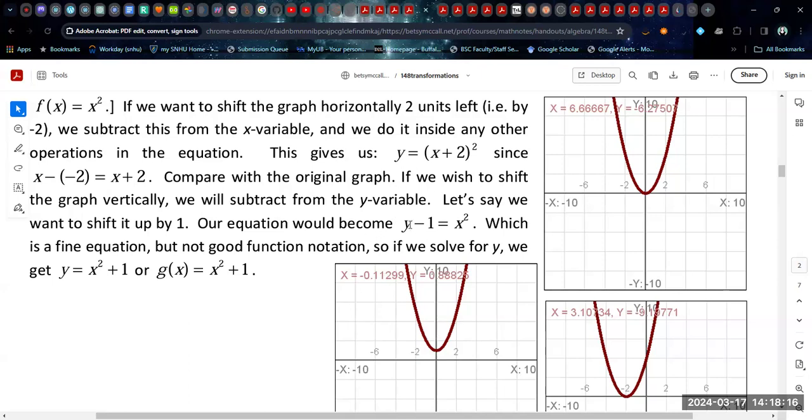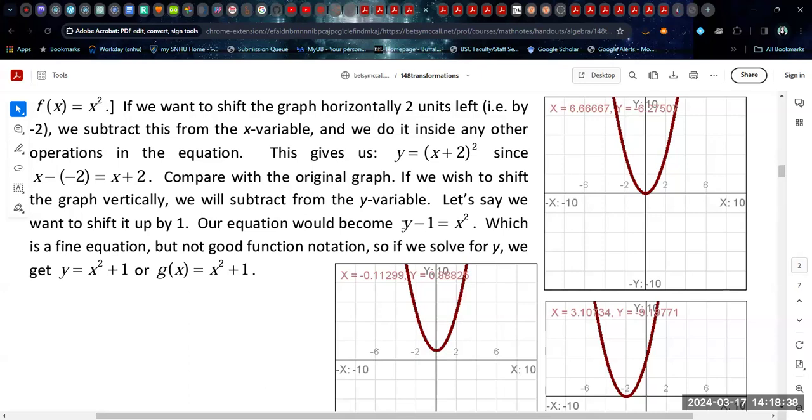Now, if I want to shift my y function up by 1, to be similar to what we were doing with the circle, I would do the opposite on the side with the y equation. So y minus 1.